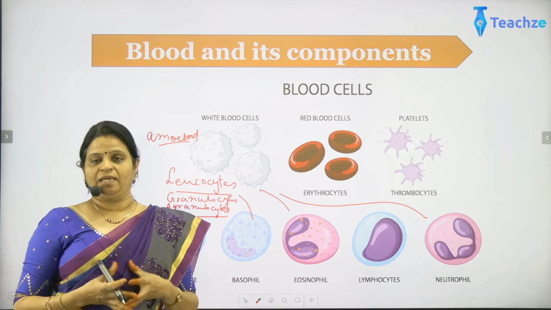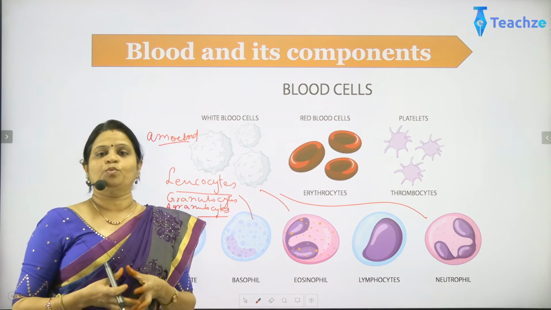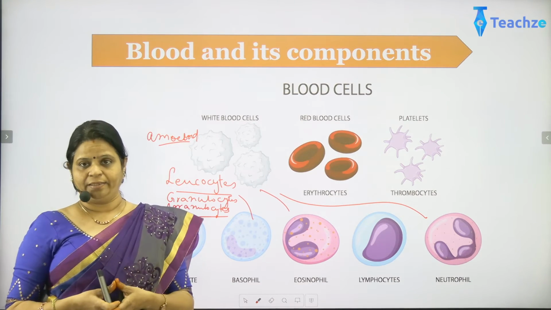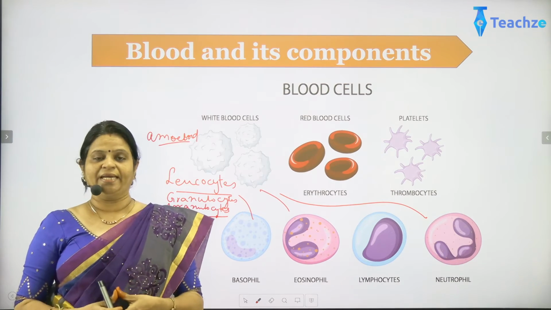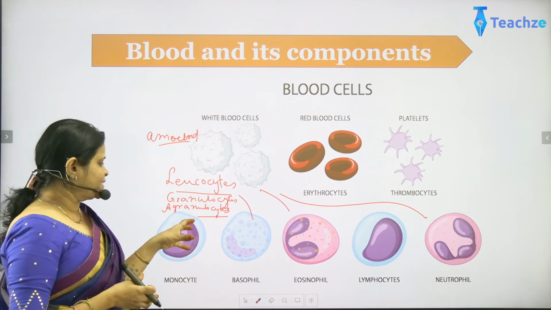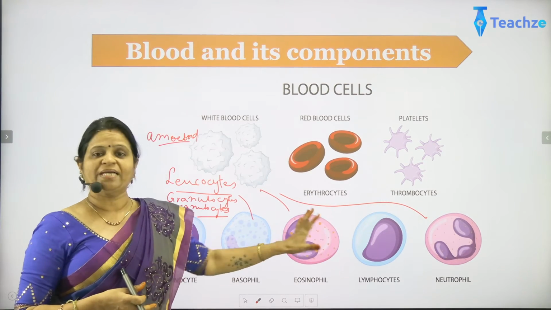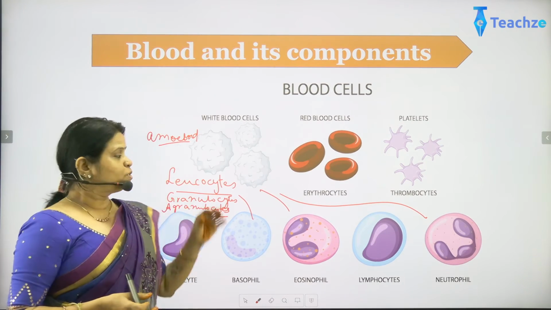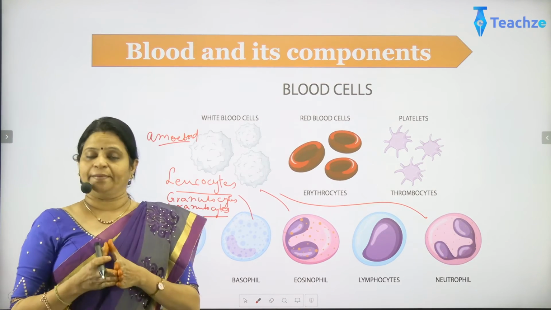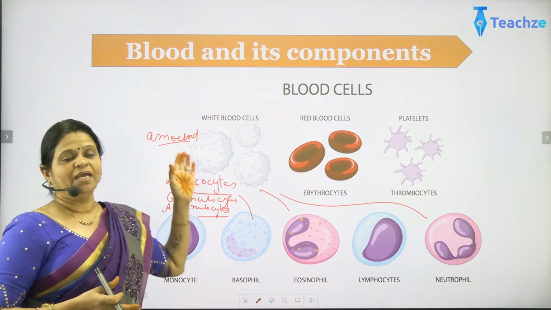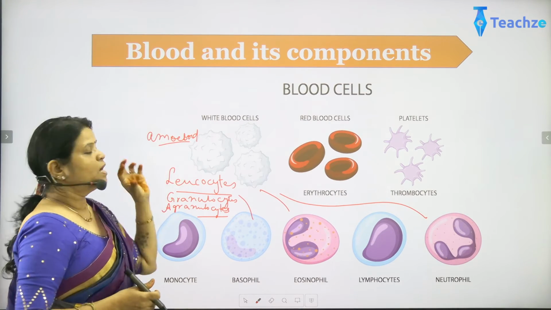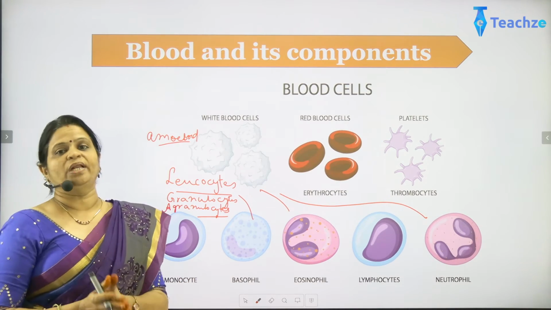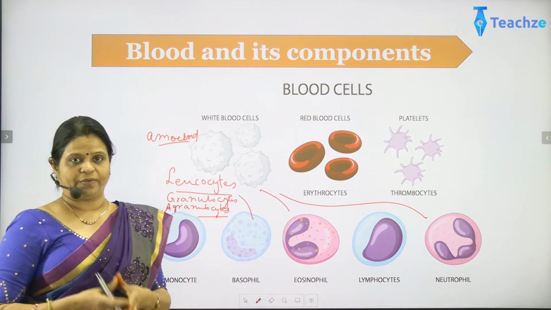Whenever there is an infection in, say, the smallest of capillaries or an area, they have to reach the area immediately. If these cells were of a compact shape, they would not enter the blood vessels to go to those places. So WBCs squeeze themselves, changing their shape into amoeboid shapes. They squeeze through even the smallest of capillaries to fight against infections.